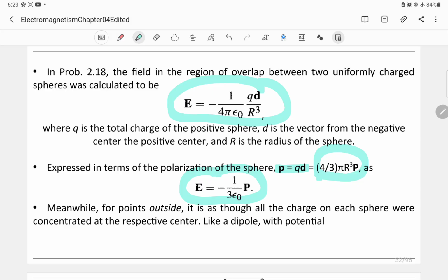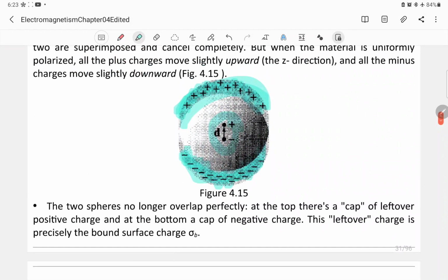So for points outside this sphere, for some points here, it will just look like a dipole at the origin.